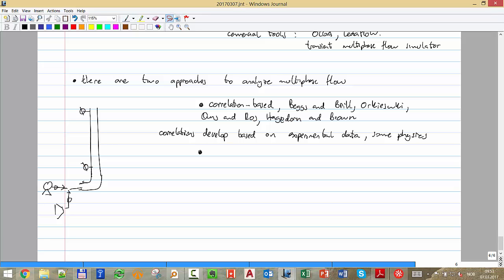Some physics, some models, some conservation, with limited range of applicability. If one goes outside that range, it doesn't work.